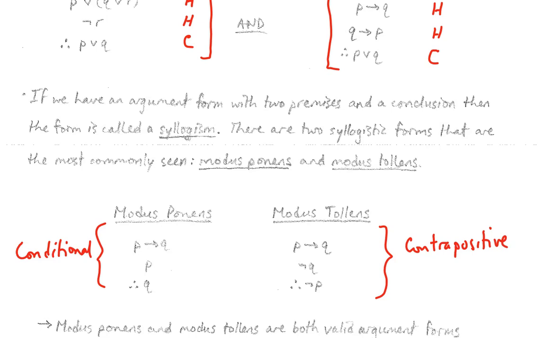So Modus Tollens is basically just looking at the contrapositive. So we will get into some more basic valid argument forms a little bit later on in the course, specifically in the video after next. But as I said, in the next video we are going to be going through several sample problems to see whether or not arguments are valid or not.